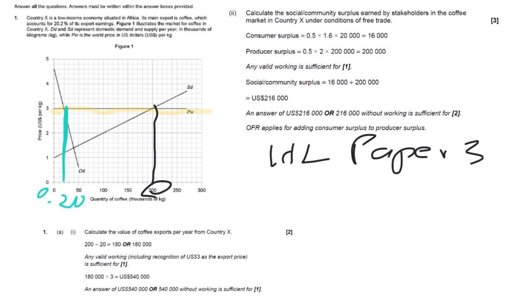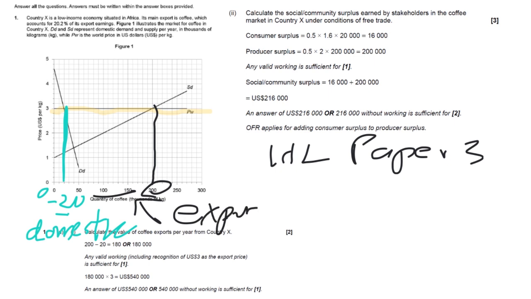So from 0 to 20, this is domestic consumption. And then from 20 to 200, this is export. So the volume will be 180, and then you have to multiply by the price 3, the circled one, times 3, then you will have the answer.